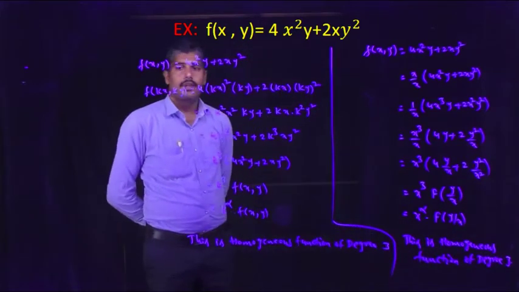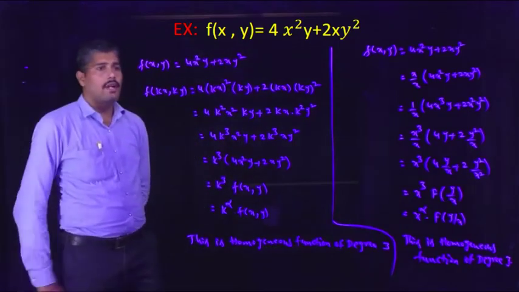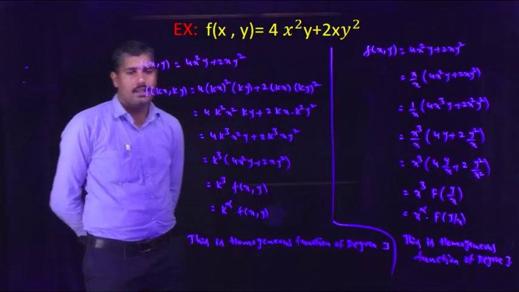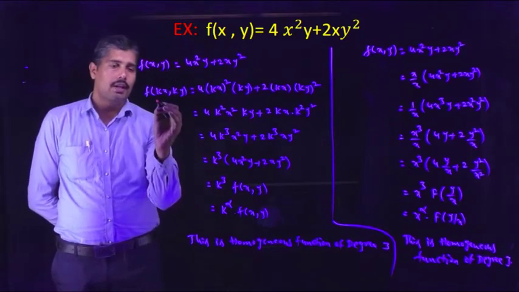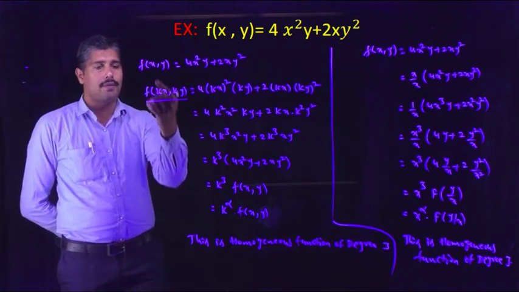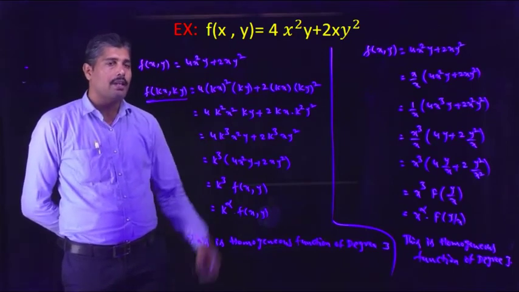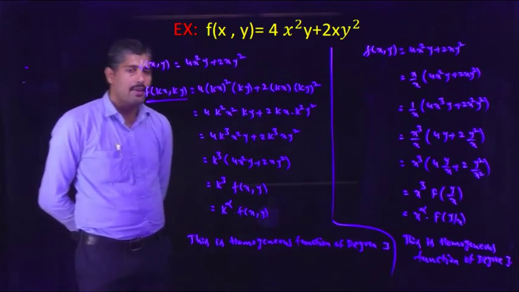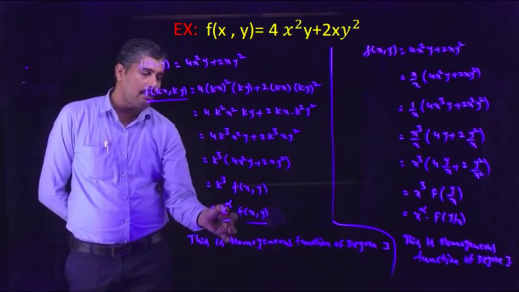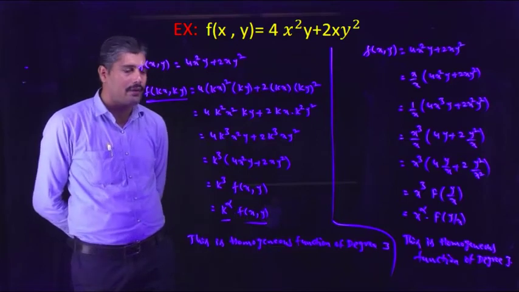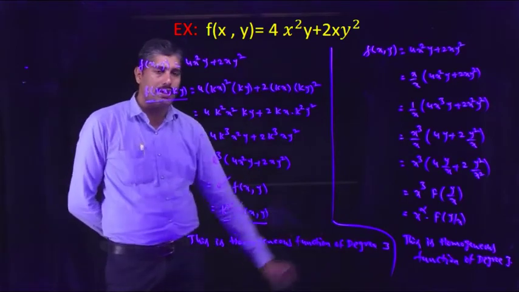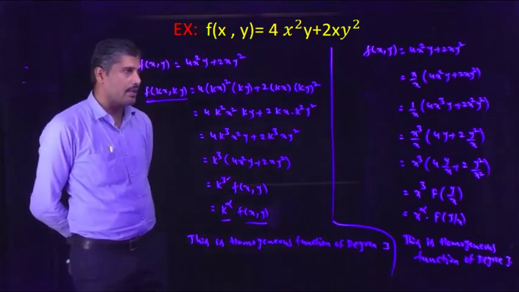See, f of x comma y equals 4x square y plus 2x y square. We say that this is a homogeneous function in the method of f of kx comma ky. In the place of x we take kx, in the place of y we take ky. Then k power alpha into f of x comma y equals k cube into f of x comma y. Here alpha equals 3. That's why it is a homogeneous function of degree 3.